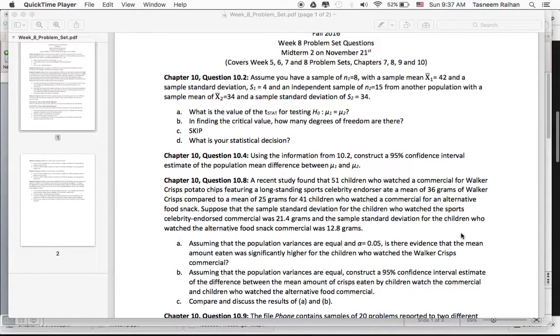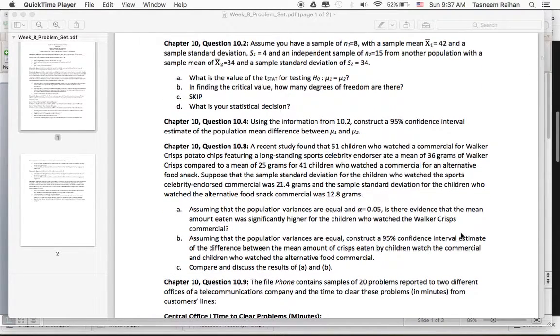So we also have information on the standard deviation of these samples. From the first sample, we have a standard deviation of 21.4 grams, and in the second sample we have a standard deviation of 12.8 grams.